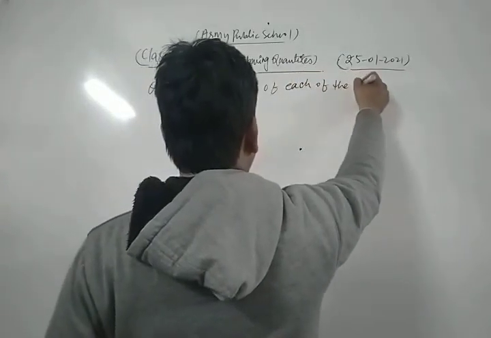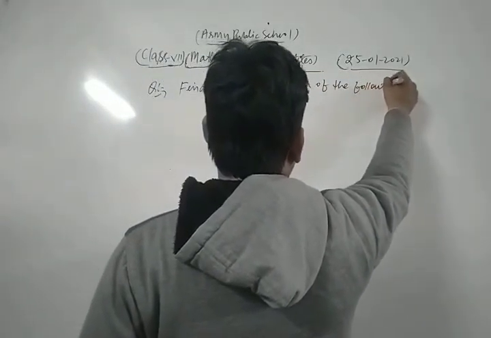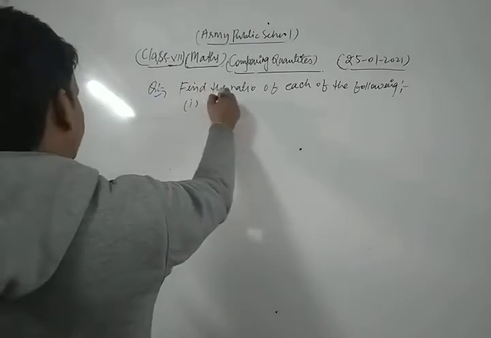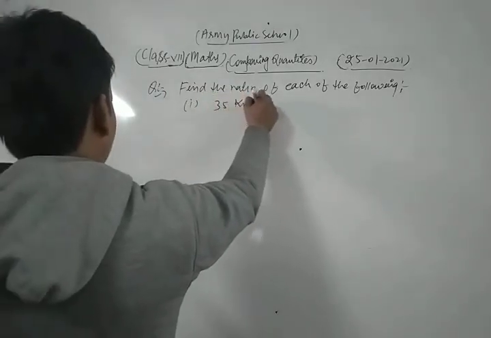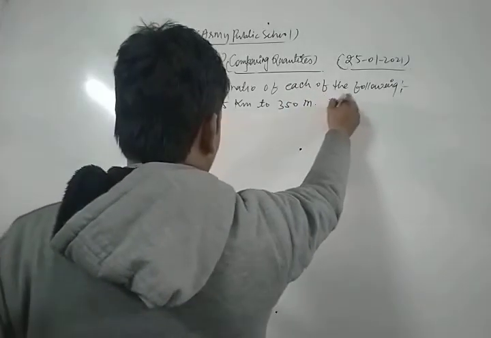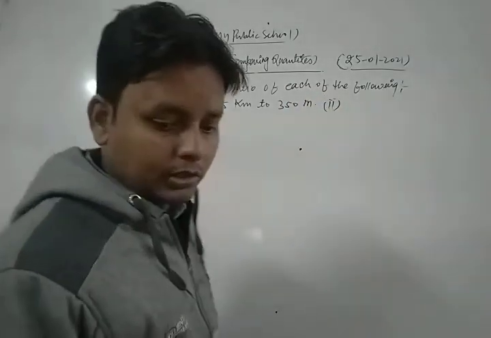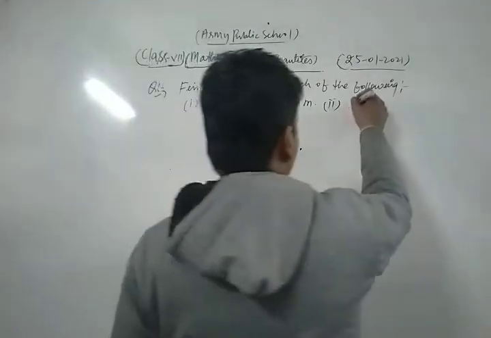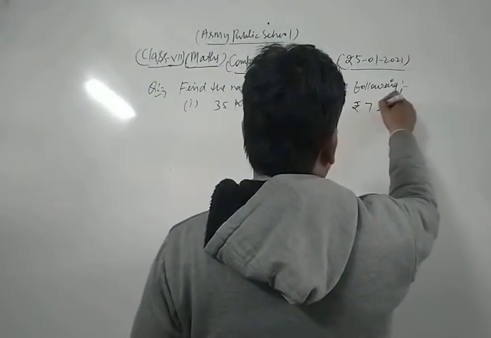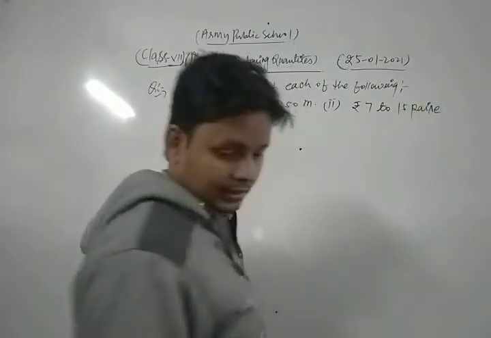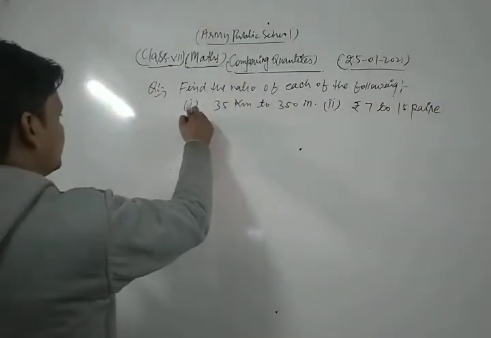The first part of this question is 35 kilometer to 350 meter. The second part of this question is rupees 7 to 15 paise.